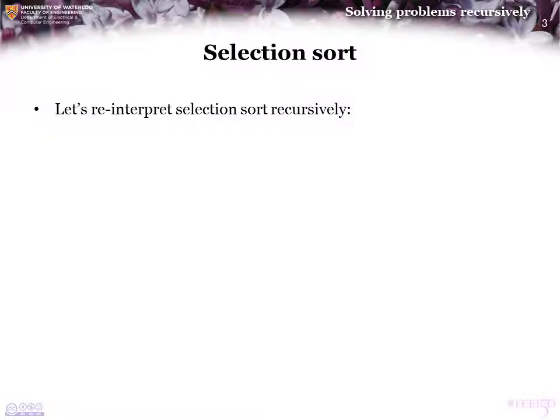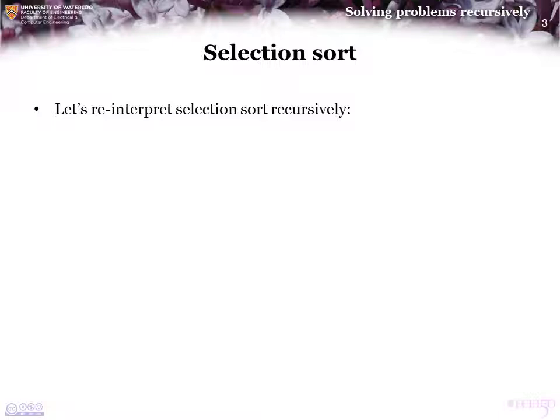Now, as our first example, let's reinterpret selection sort recursively. You will recall that selection sort, given an array of capacity n, we found the largest entry in the first n entries and copied it or swapped that with the nth entry. We then found the largest entry in the first n-1 entries and swapped that second largest entry with the n-1st entry.